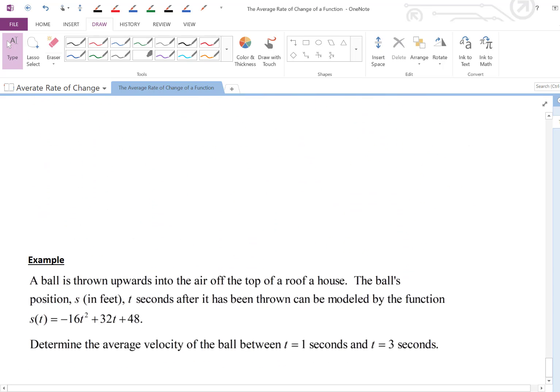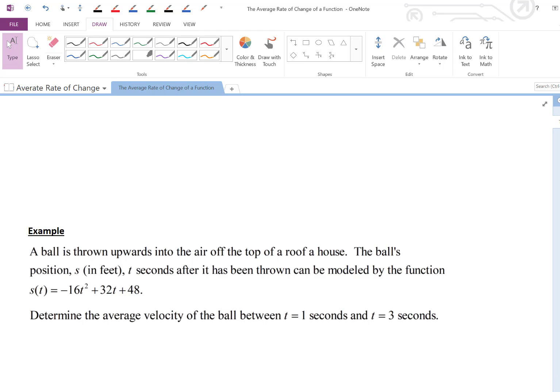We have one more example here, and it has to do with velocity, which is a very common application of this. Let's suppose that a ball is thrown upwards into the air off the top of a roof of a house. The ball's position s in feet, t seconds after it's been thrown, can be modeled by the function s of t here.